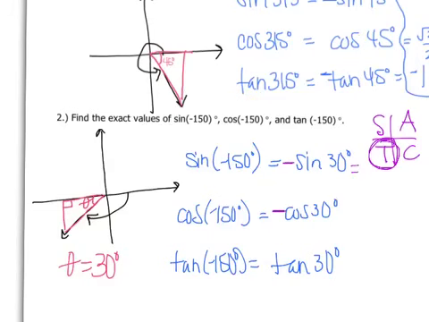So bring over that negative sign, and then what is sine of 30 degrees? So this is negative 1/2. Bring over the negative sign, and what's cosine of 30 degrees? Radical 3 over 2. Guys, we're just looking at our chart, okay? And then tangent of 30 degrees, radical 3 over 3.